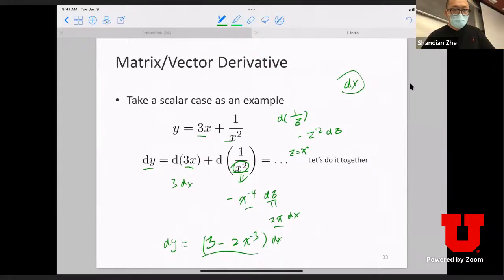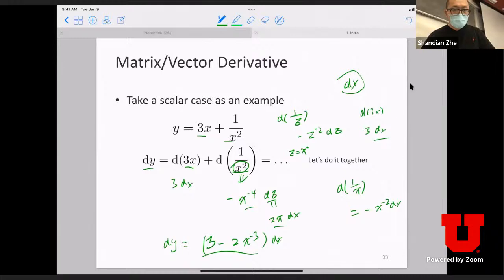But the problem is that we need some basic rules to do that. We know that d(3x) equals 3 dx, it's kind of by default. We know that d(1/x) equals minus x to the minus 2 dx. This is something we're all very familiar with, it's already in our blood.